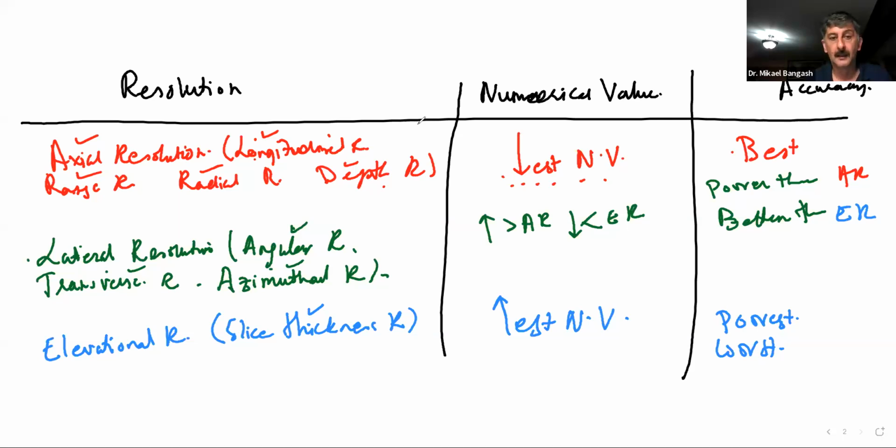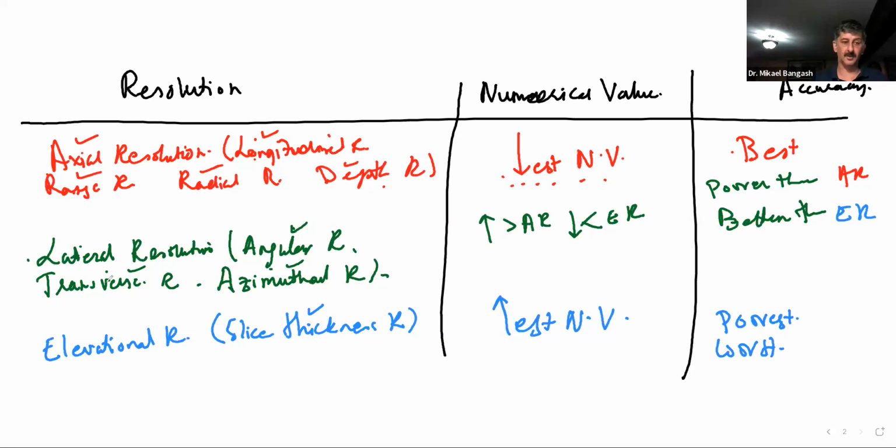If you look at the chart that we just made right here, what did I say for your axial resolution? When comparing these three, that was the one that is going to have the lowest numerical value. So out of these three resolutions, as per standard, it will be the best resolution, or we can say best or most accurate.